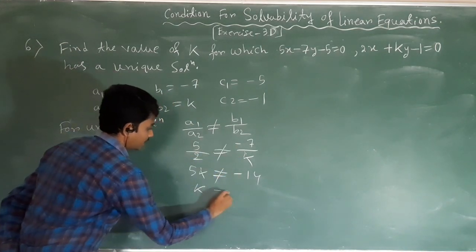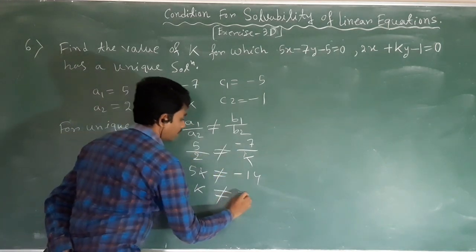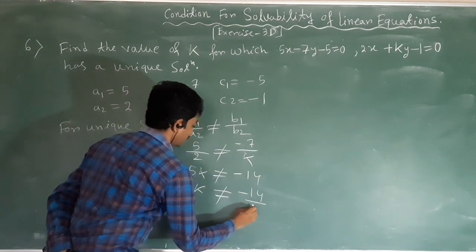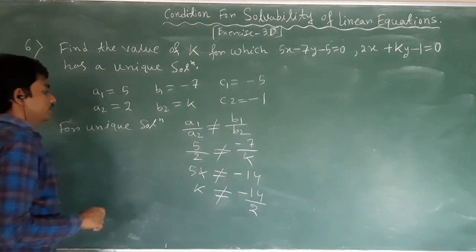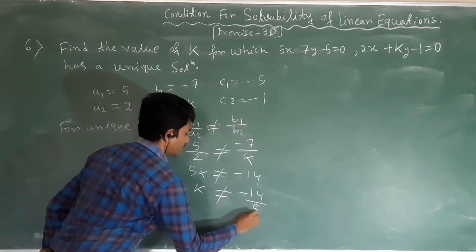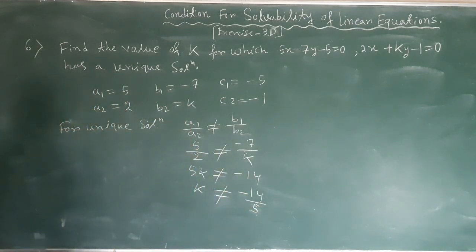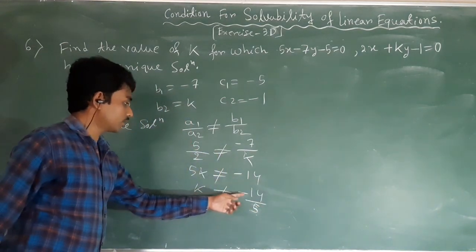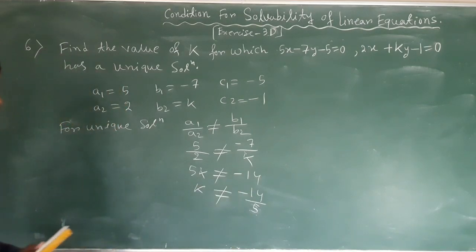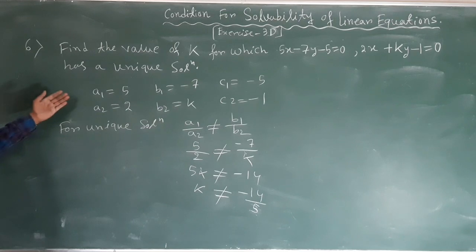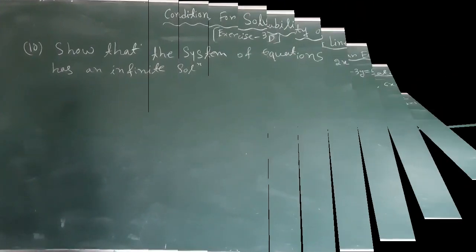So k is not equal to minus 14 upon 5. So for k not equal to minus 14 upon 5, the given system of linear equations has a unique solution. Question number 10.